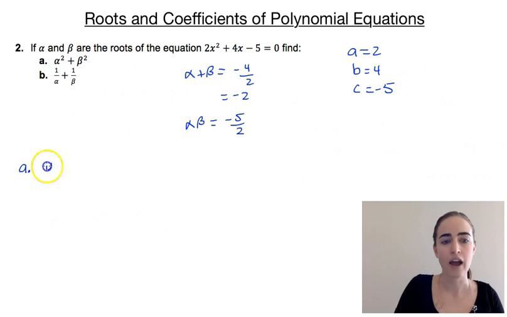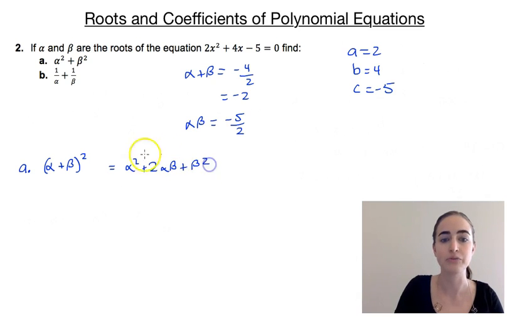So for part A, alpha squared plus beta squared, we can't do that straight away. But what we can do is we know that alpha plus beta all squared is equal to alpha squared plus 2 alpha beta plus beta squared if we were to expand it out. So that's giving us our alpha squared plus beta squared, but it's also giving us this extra term in the middle.